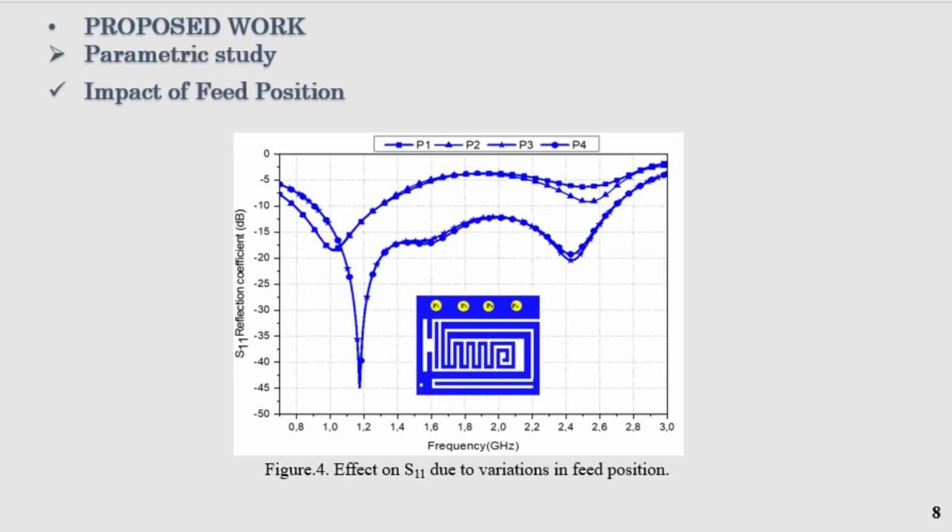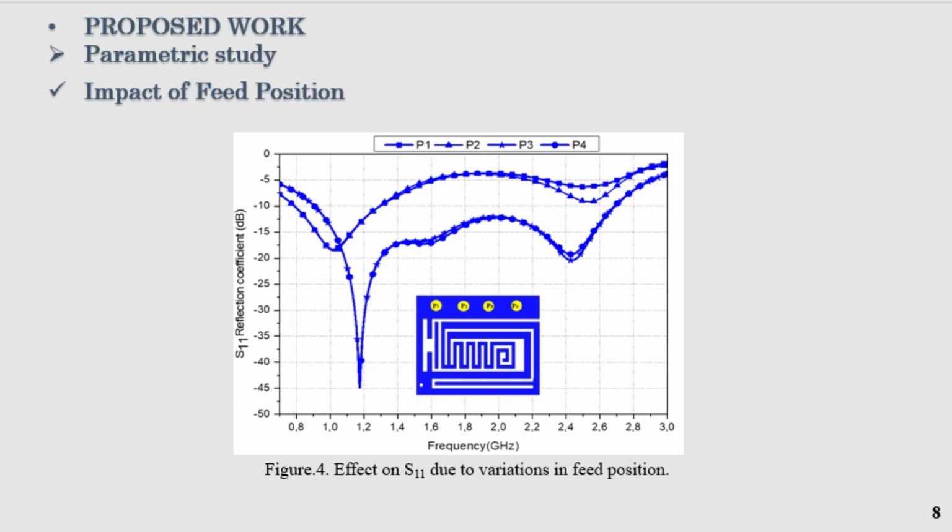Let's turn to the parametric study. Impact of feed position. The variation in the antenna's feeding point position significantly affects S11 and impedance matching. The following figure illustrates these effects and their reflection coefficients across different frequencies. This variation highlights the major impact of the feeding point's location.